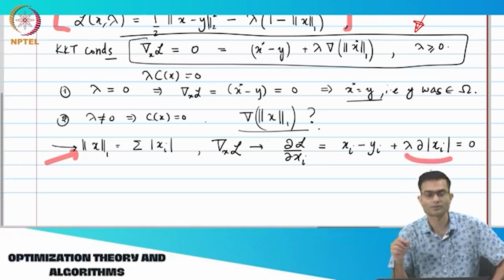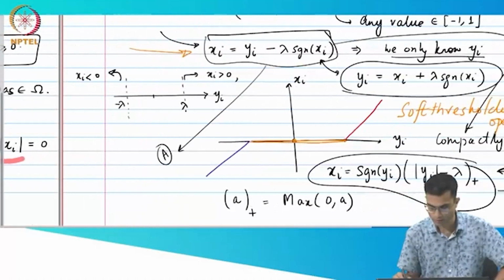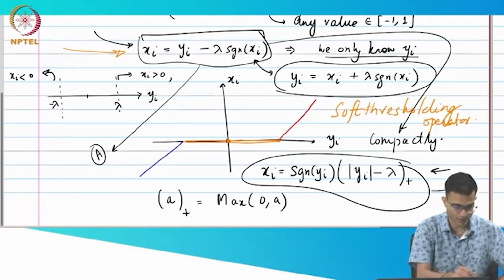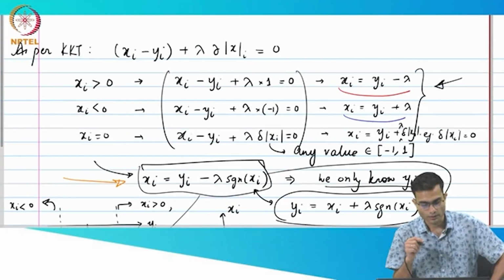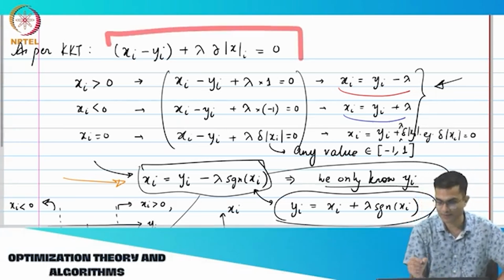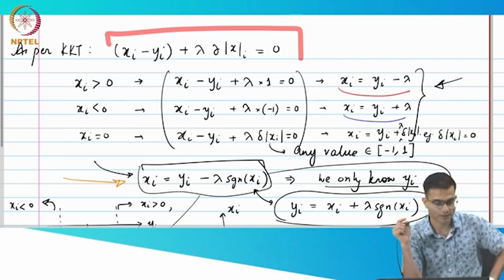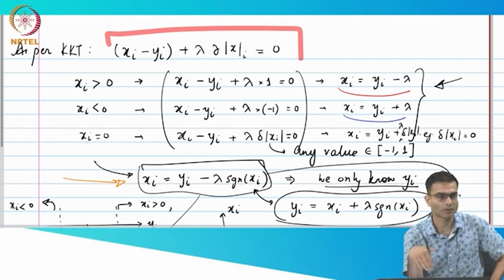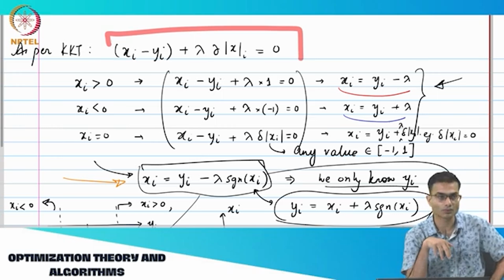So I am left with the subdifferential of mod xi, and here is where the various cases come into play. I am taking this expression and taking different cases for xi. When xi is greater than 0, one by one these cases come up. The slightly tricky case to understand was when xi was equal to 0.